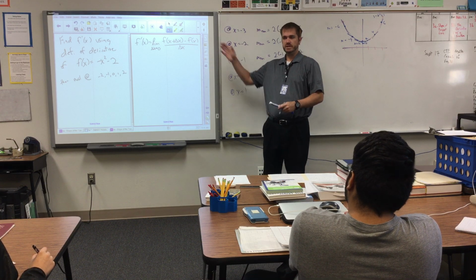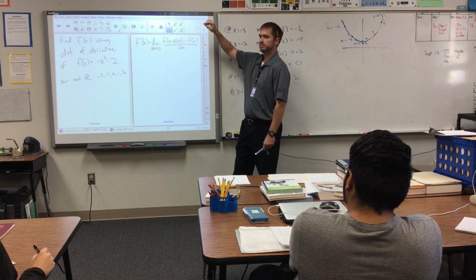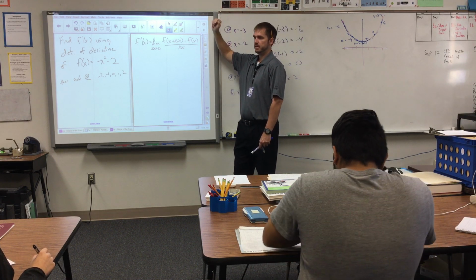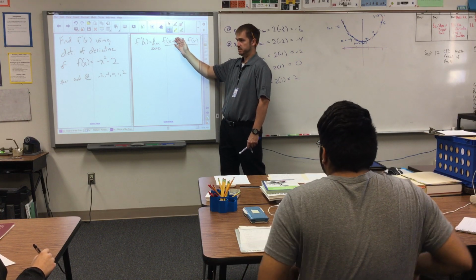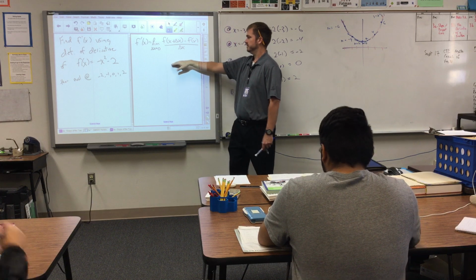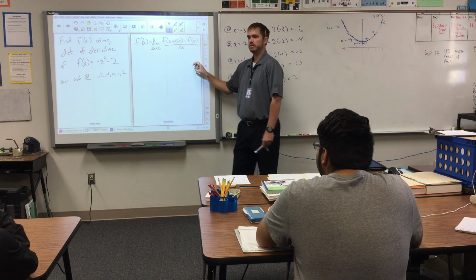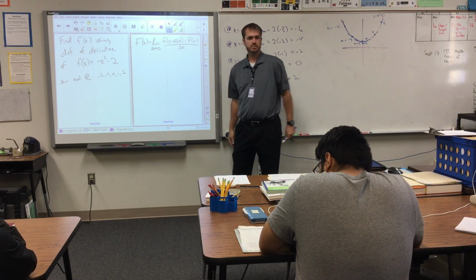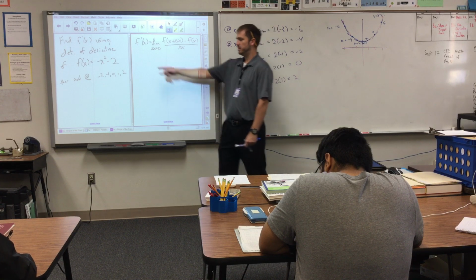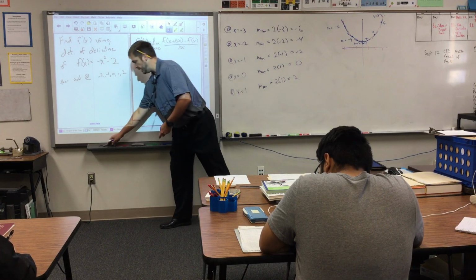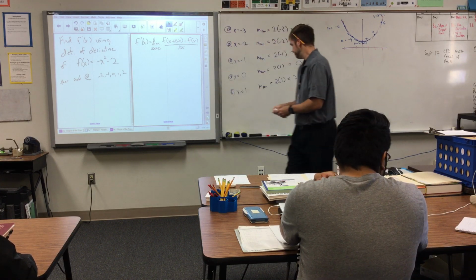Somebody tell me what the next step would be. Plug in x plus delta x into that. Then you'll have the minus, and put the minus in the brackets like I did, and put that whole thing over here. Then you'll just do the algebra, and simplify it all the way down until you get just a function of x, and then you'll plug those values in. Okay, I'm going to give you about 3 minutes probably. Go ahead.